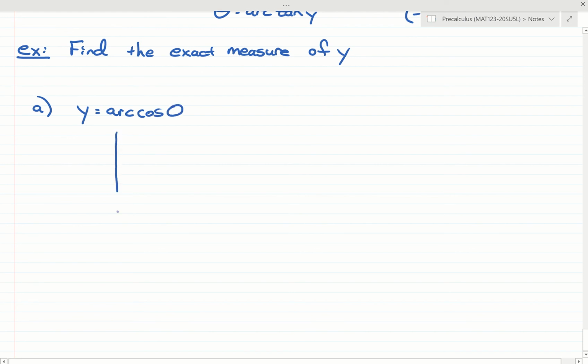Well, we can't draw a triangle to get 0, but I can draw my quadrantal angles, remembering that cosine is the x value. So the x value right here is 0, and the x value right here is 0. So y would be 90 degrees and 270 degrees.